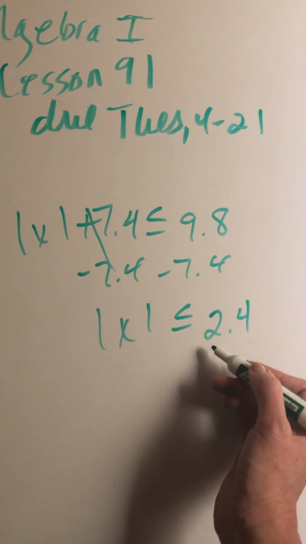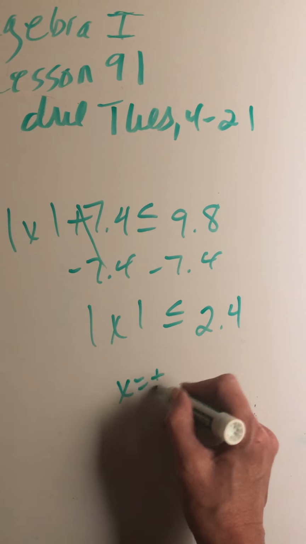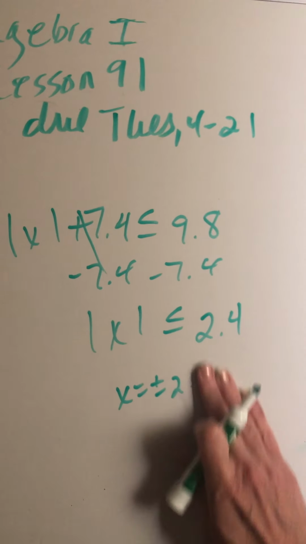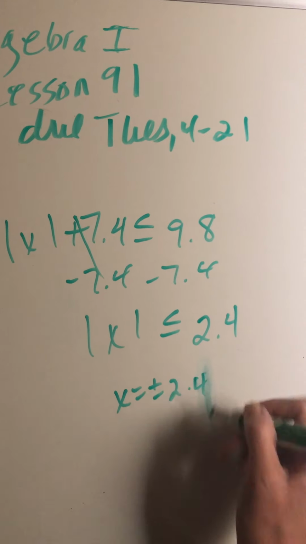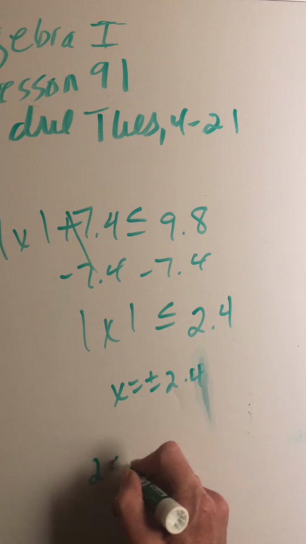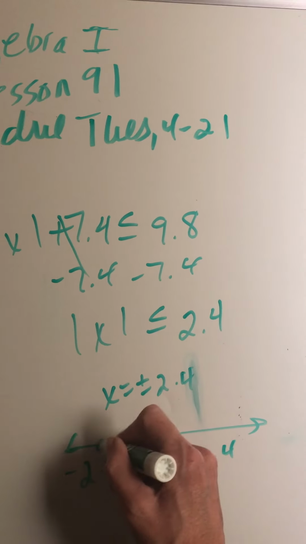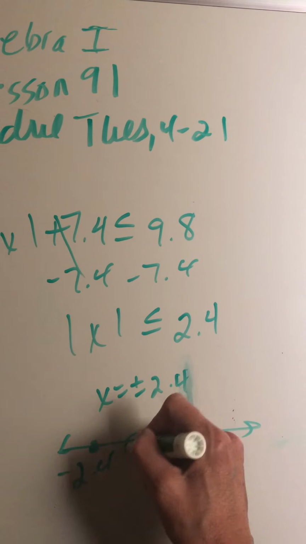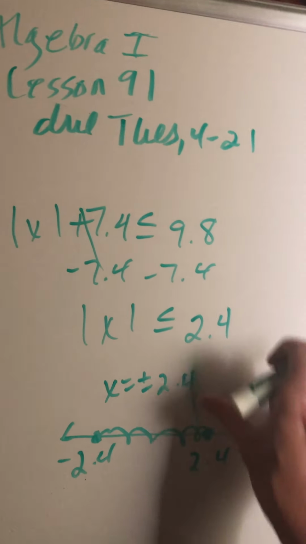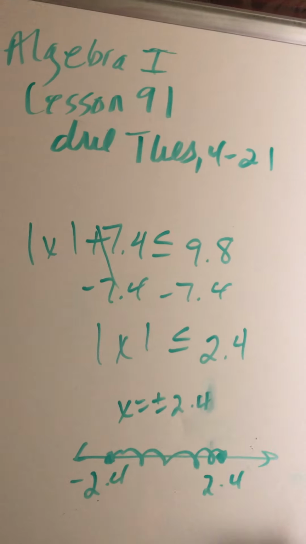Then it's a conjunction, so your two numbers are positive and -2.4. It's a conjunction because it's absolute value less than. So -2.4, positive 2.4, closed circles on both, and shading in between. So there's your conjunction. And that, again, is just having to isolate the absolute value.